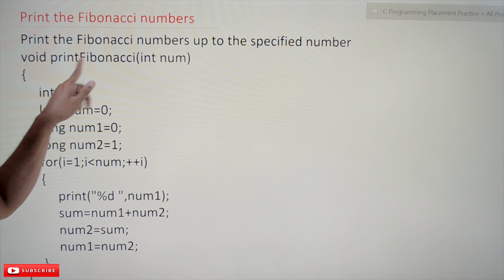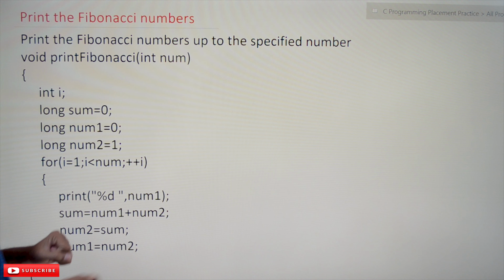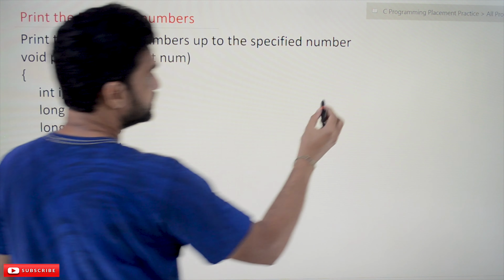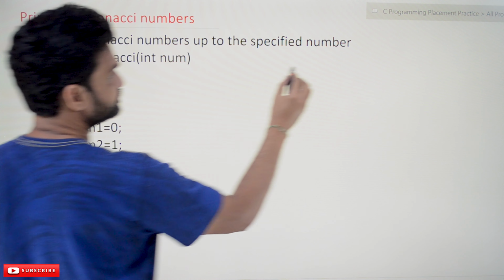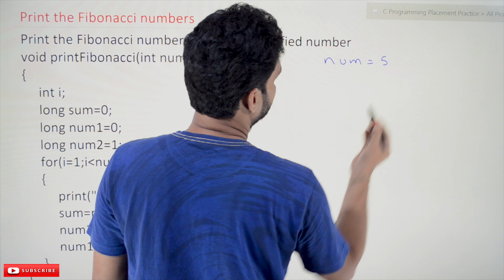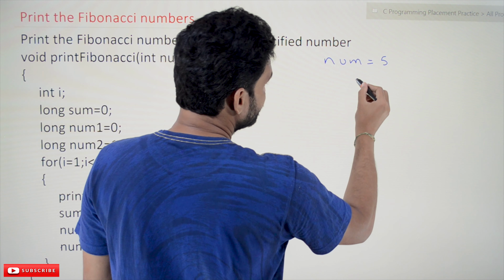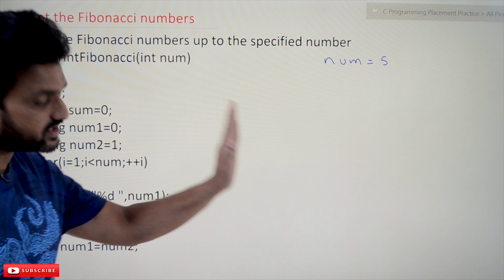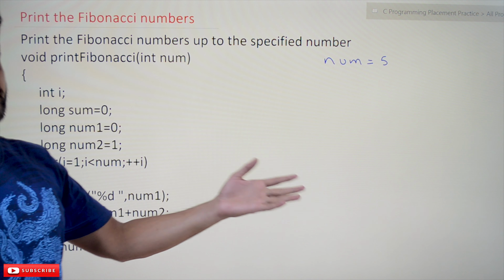So this is the function that is given. What the question means, we'll check once again. For example, here num is equal to 5 is given, which means we have to print the first 5 numbers in the Fibonacci series.